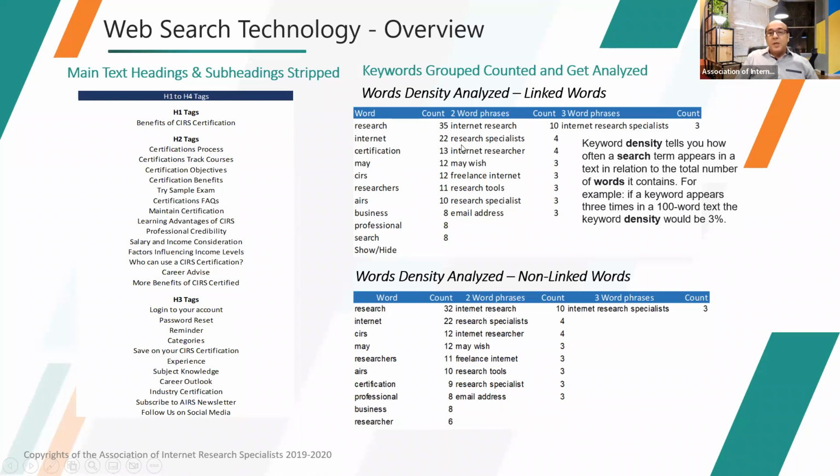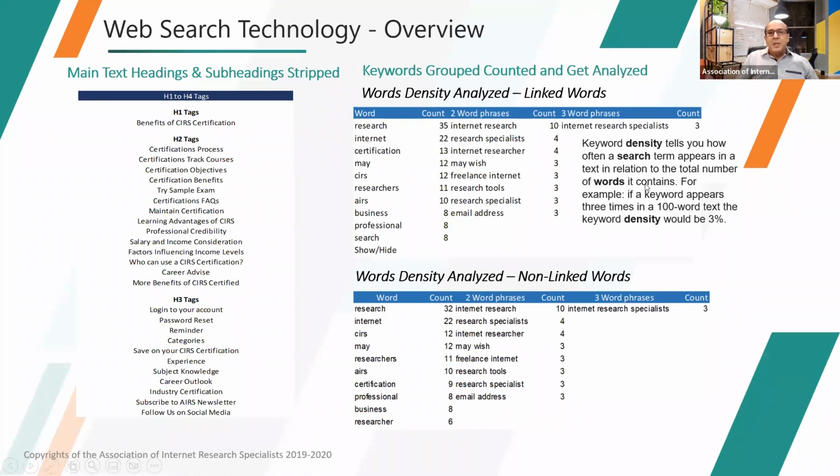Similarly, research specialist came 4 times, and so on and so forth. The maximum that we know of thus far that the search engine is counting is 3 words, or at least the maximum it is going to organize its index by in terms of density is a combination of 3 words at the most.